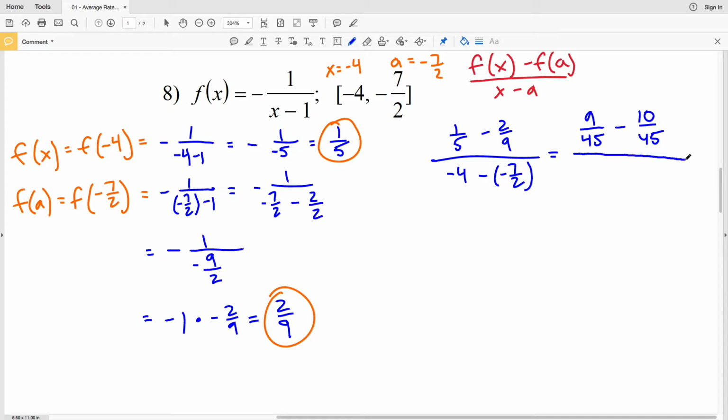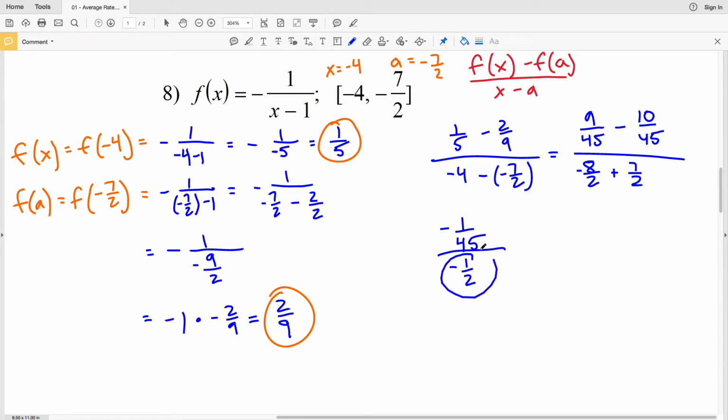And then in my denominator, I'll write negative 4 in terms of halves. So I'll have negative 8/2, because negative 8 divided by 2 is negative 4. And as opposed to subtracting a negative 7/2, I'll add a positive 7/2, since that's the same. So 9 minus 10 is going to be negative 1/45, and that's all over negative 8 plus 7, which is negative 1/2.